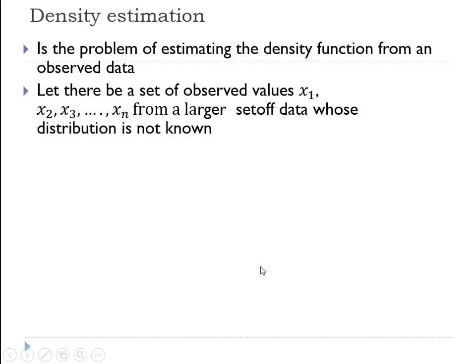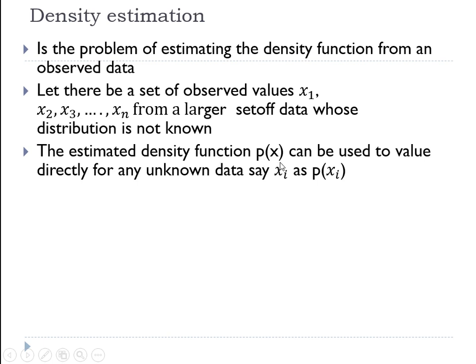Now, coming to the mathematical definition: density estimation is the problem of estimating the density function from observed data. Let there be a set of observed values x1, x2, up to xn, which is actually our input, from a larger set of data whose distribution is not known.